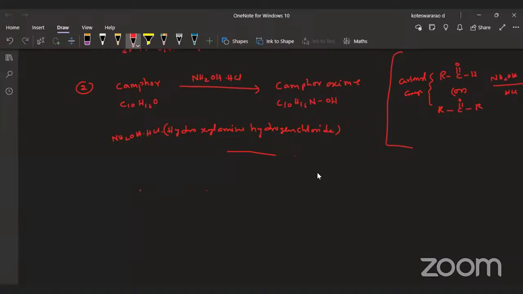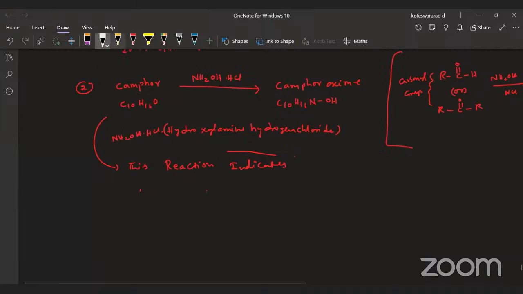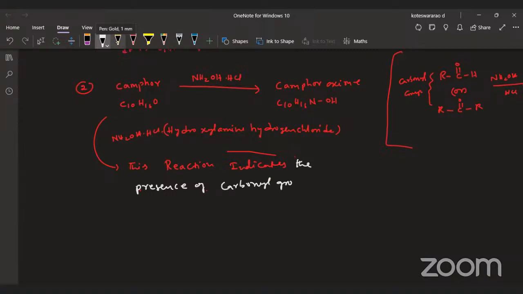Therefore, it indicates that this reaction shows the presence of a carbonyl group.